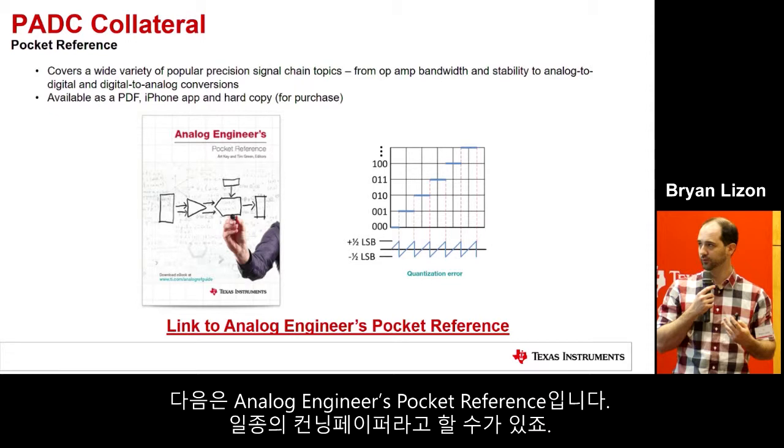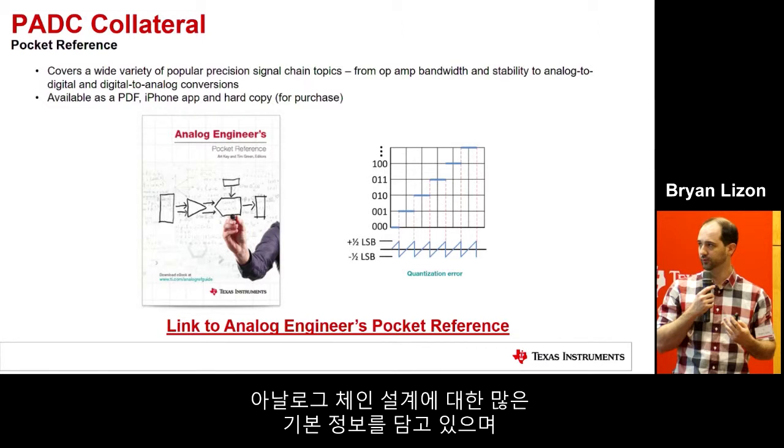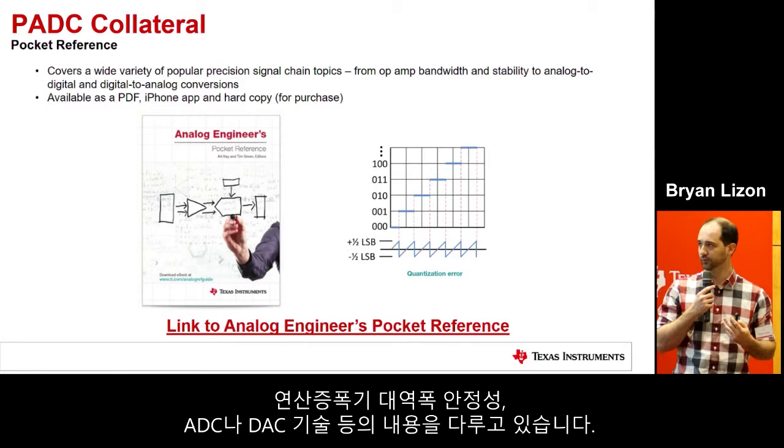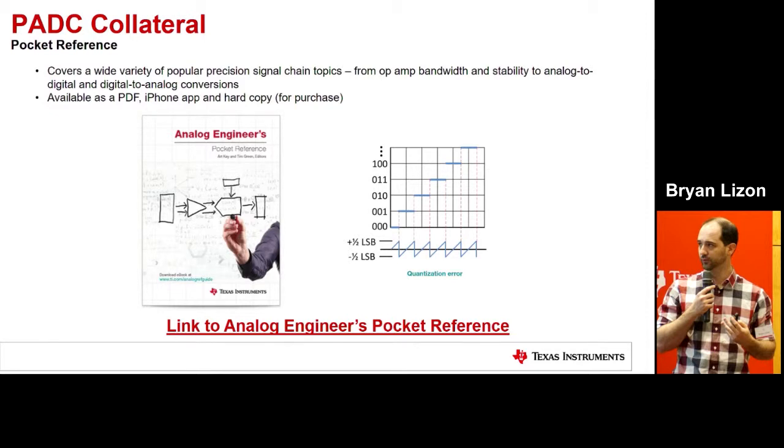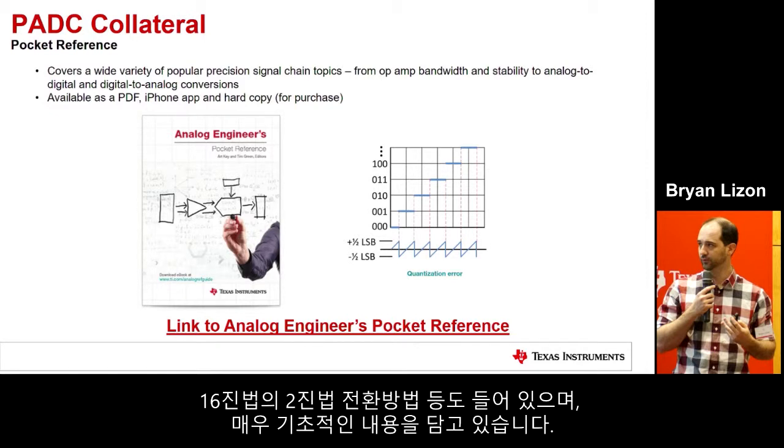One of the other things we have is the Analog Engineer's Pocket Reference. This is kind of a cheat sheet, a lot of fundamental information about analog signal chain design, things like op-amp bandwidth and instability, some A to D or D to A conversion techniques, how to convert hexadecimal to binary, things like that.